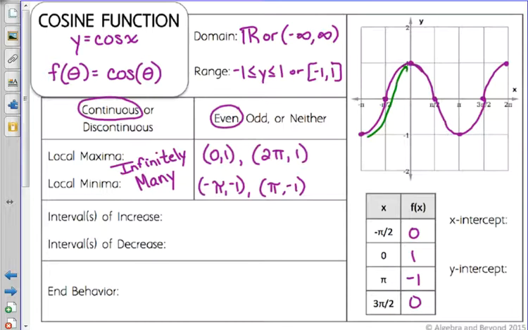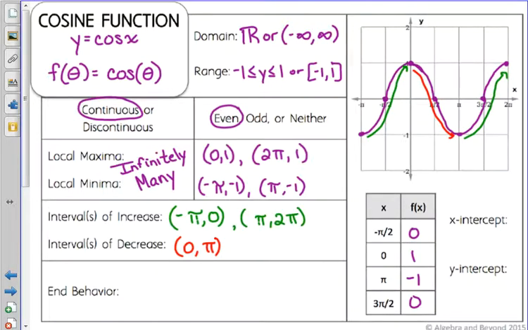In this window, it starts by increasing from negative pi to 0. Then it decreases from 0 to pi. Then it increases again from pi to 2 pi. Once again, that's not all of the intervals of increasing and decreasing, but it's the ones that we're looking at.